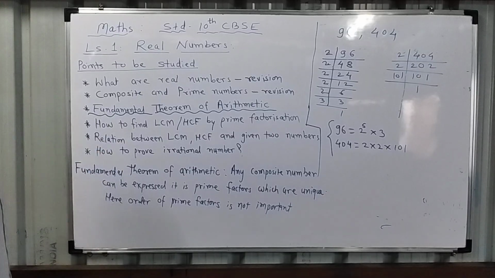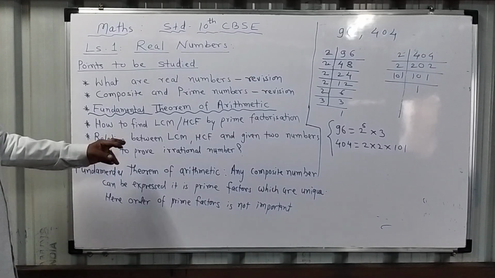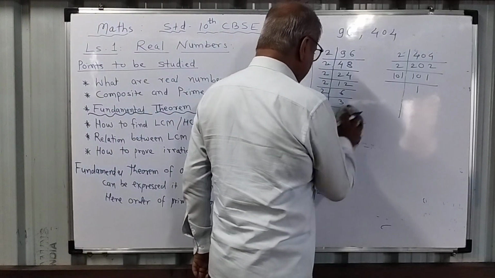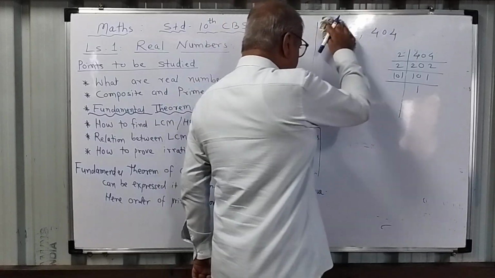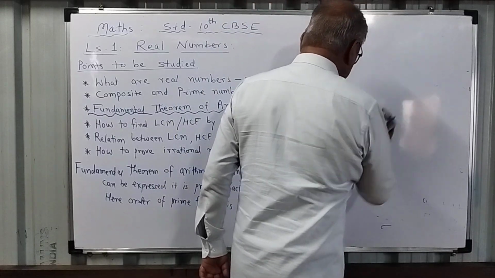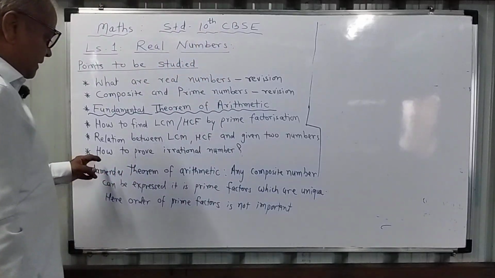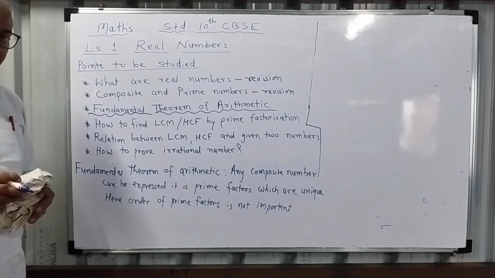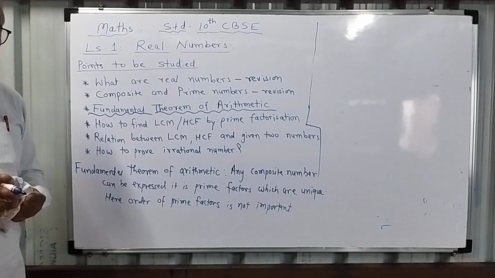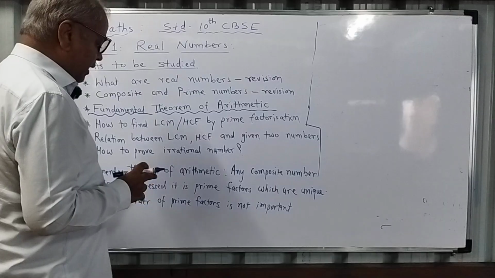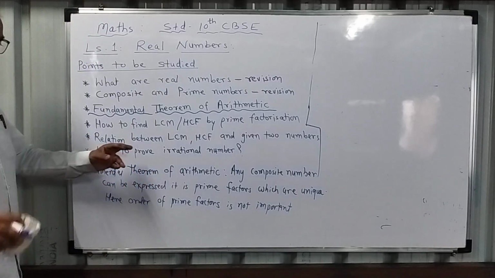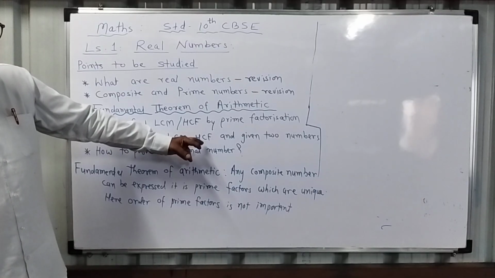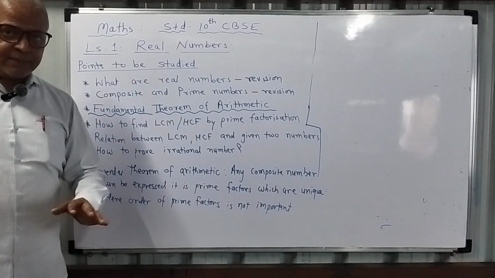Now, by using these prime factors, we can find out LCM and HCF. So what is LCM? What is HCF? LCM is the product of all factors with highest degree, and HCF is the product of all common factors with least power.